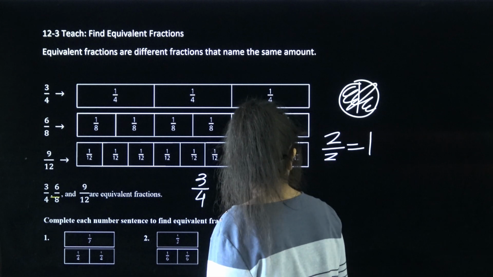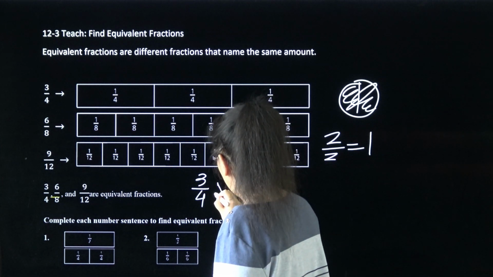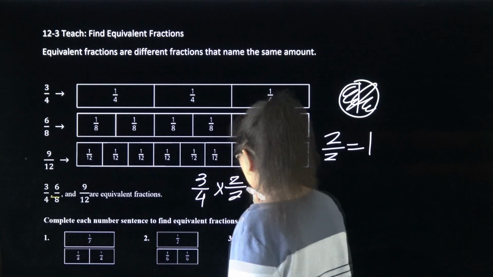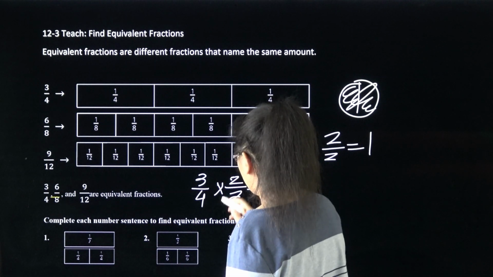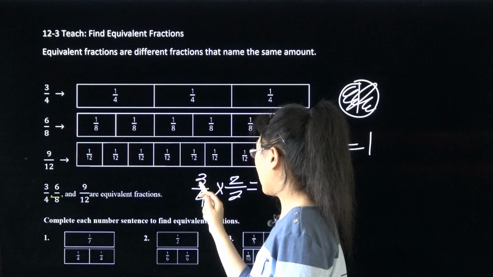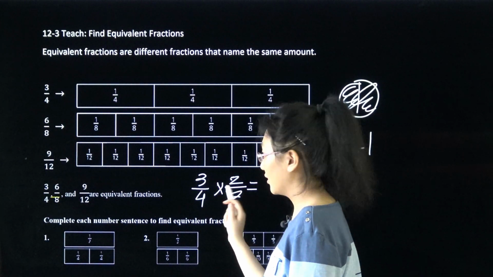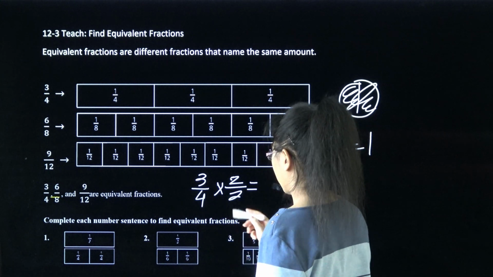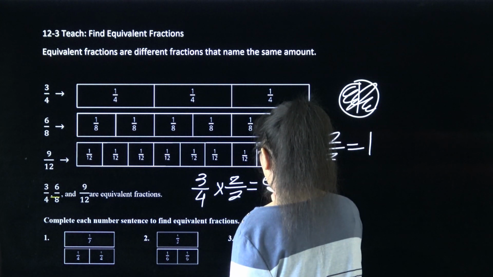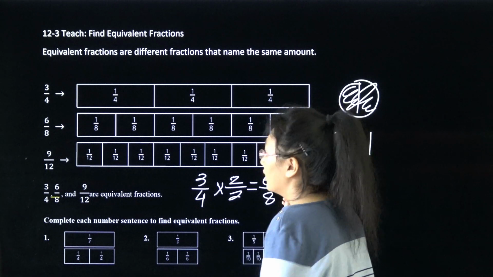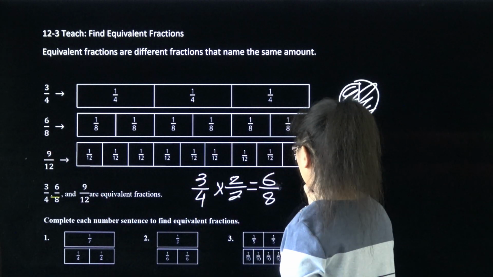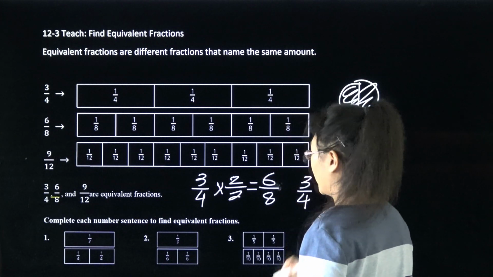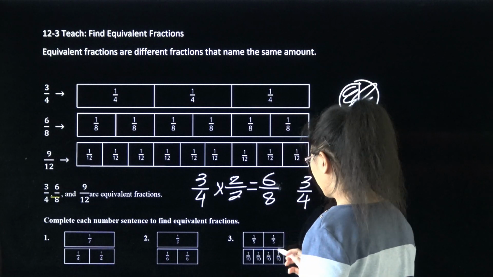So since 2 over 2 is equal to 1, we're going to do that. So 3 over 4 times 2 over 2. In the multiplication of fractions, we multiply the top numbers, the numerators, together, and we multiply the bottom numbers, the denominators, together. That would be 6 over 8. Ta-da! So what would we do if we multiply both the denominator and the numerator by 3?